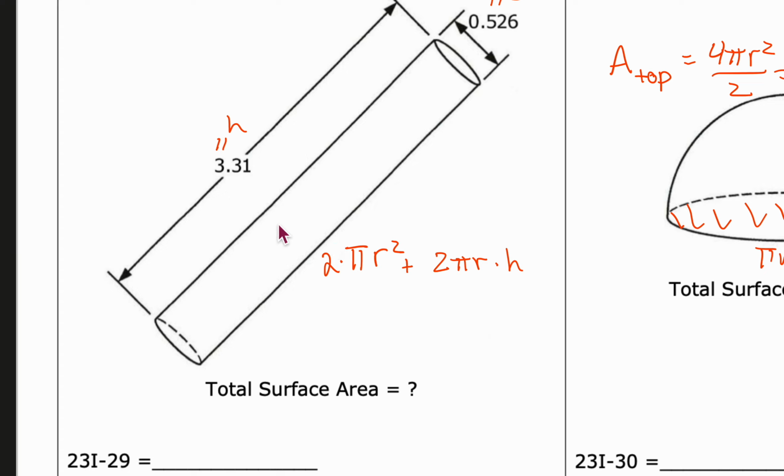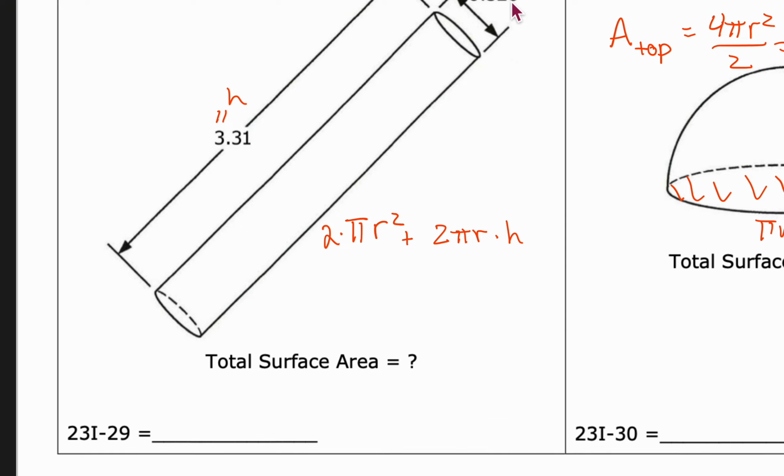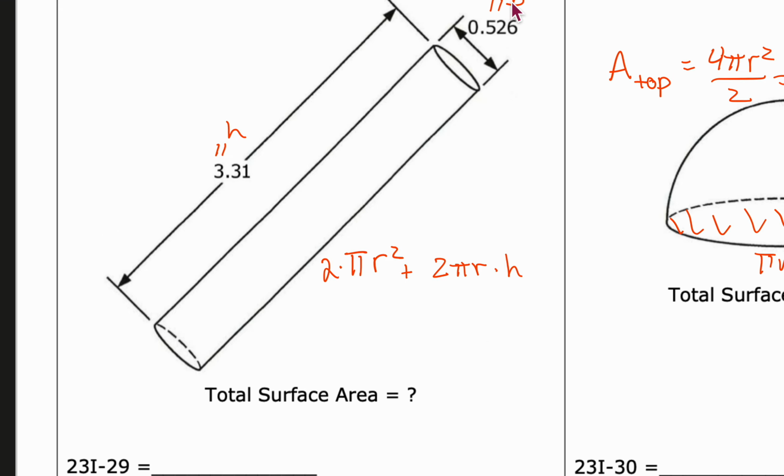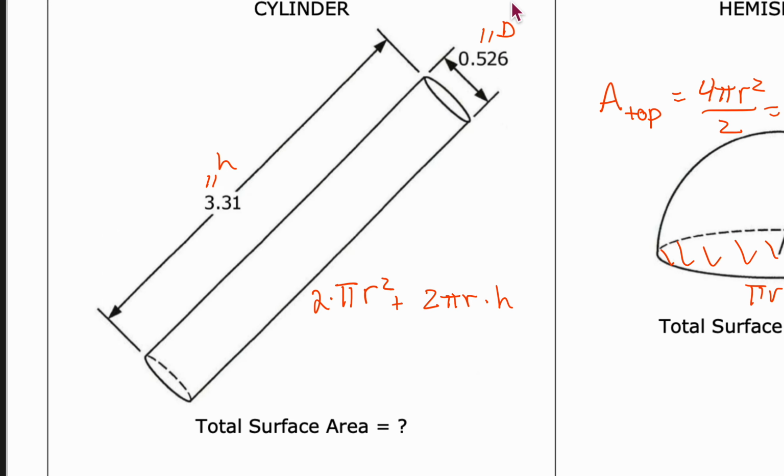And the lateral area of this cylinder is essentially what we call the label area. So imagine you had a can and you unraveled the label. It's going to be a rectangle. The height of the rectangle is just h, but then the width of the rectangle is actually the circumference around the cylinder. So that becomes 2 pi r. Don't forget, take the 0.526, cut it in half, and then you can do your calculation.